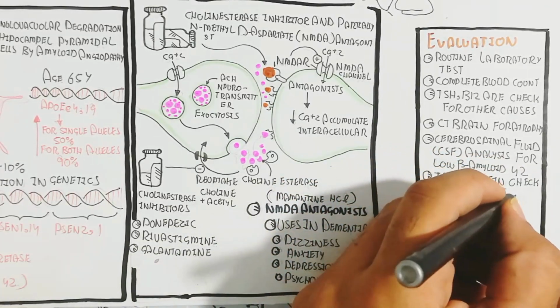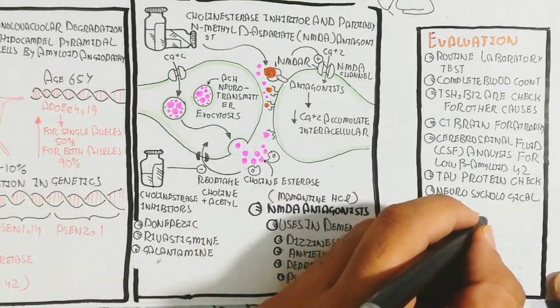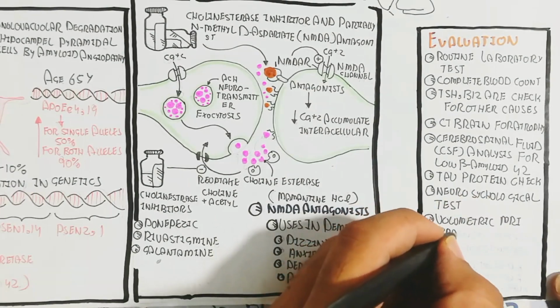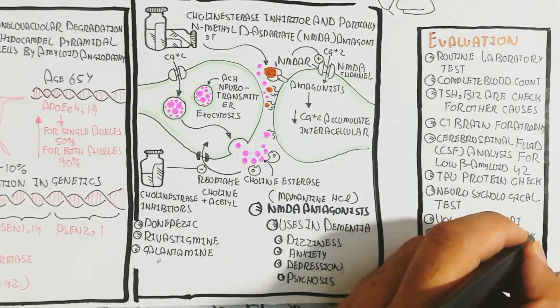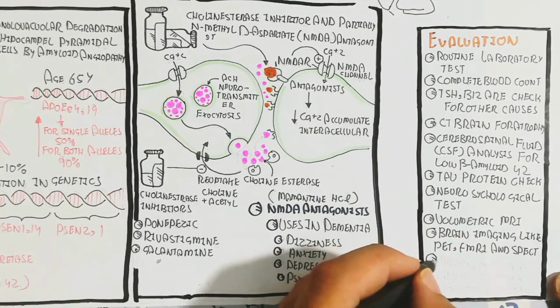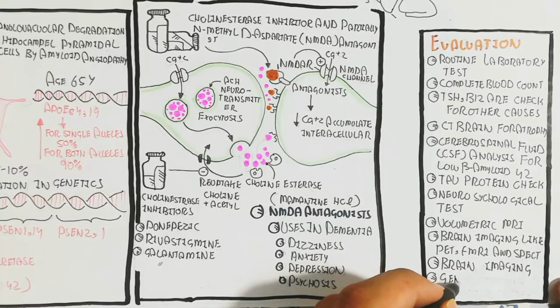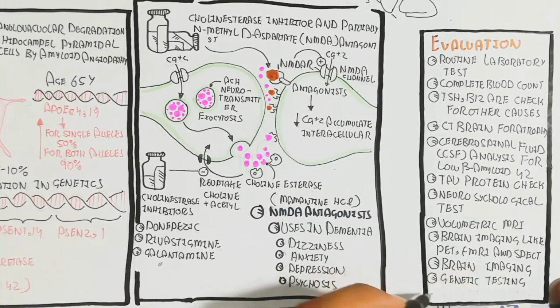On the other hand, volumetric MRI, brain imaging like PET, fMRI and SPECT, and genetic testing as well as cognitive testing.